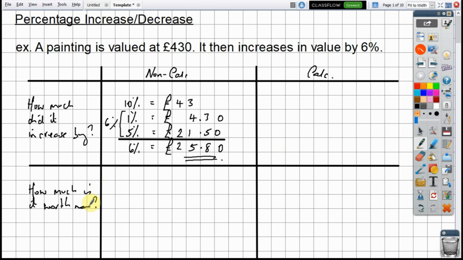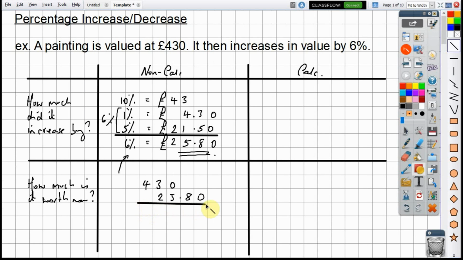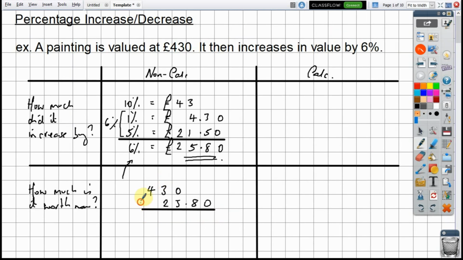How much is it worth now? Well, if they ask you that instead, then you've got to do all of that, and then you've got to take £430 that it was worth and add on the £25.80 that it's increased by, and then we can add those up, again very carefully keeping things in columns, and so it is now worth £455.80.